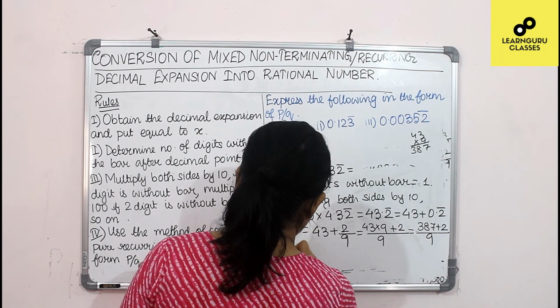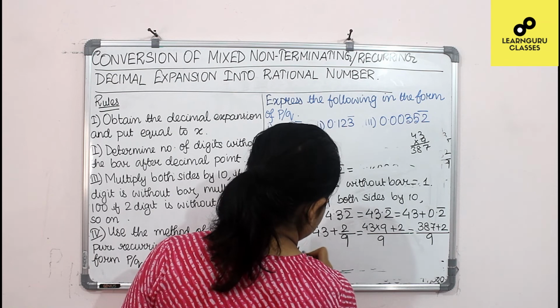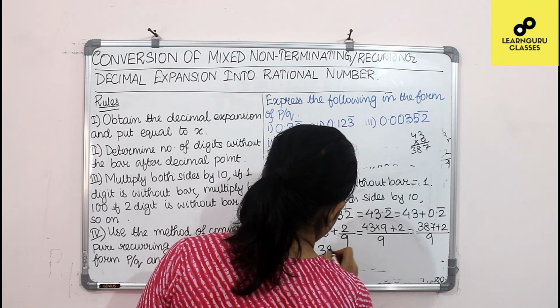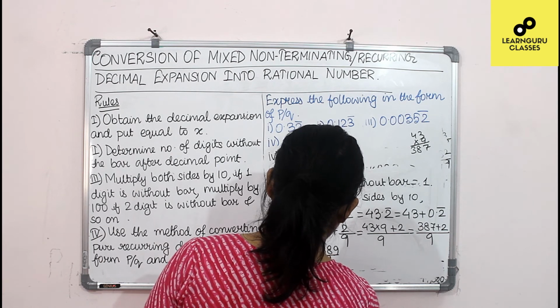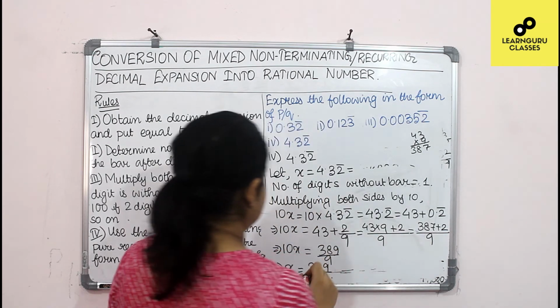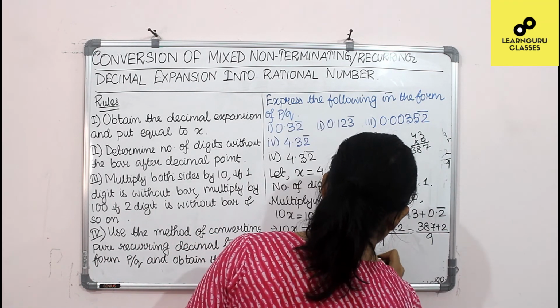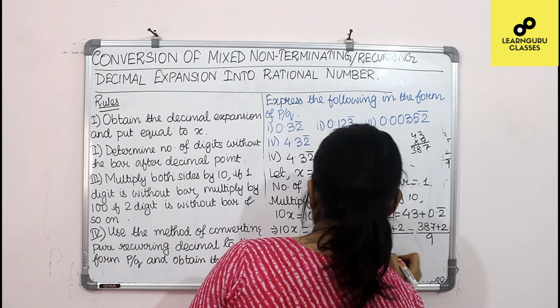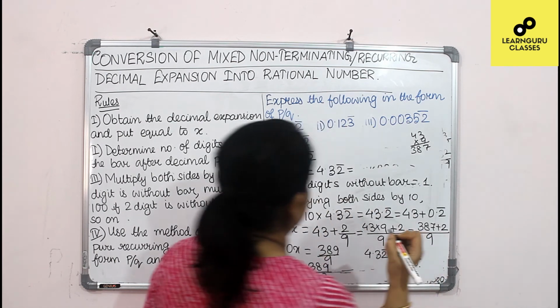So you are getting 10x equal to 389 by 9. So x you are getting as 389 by 90. Okay, so the rational equivalent of 4.32 bar is 389 by 90.